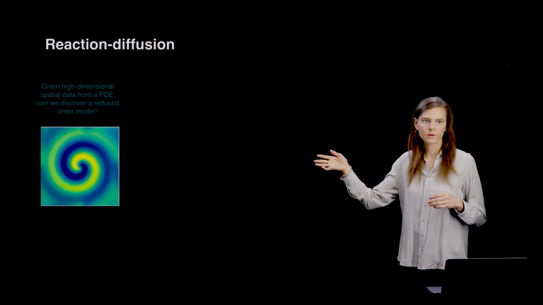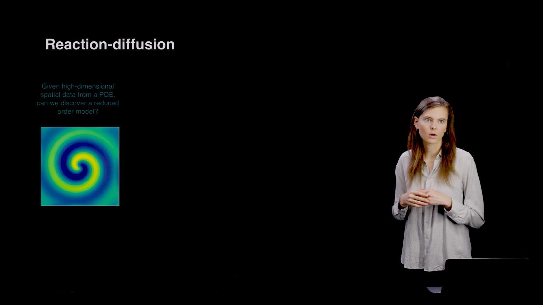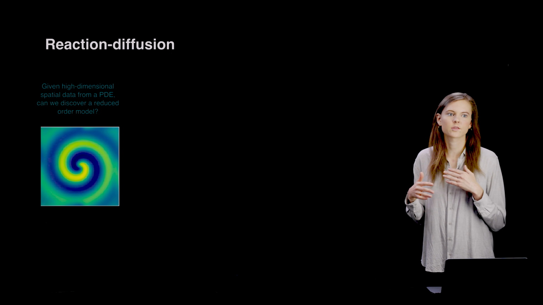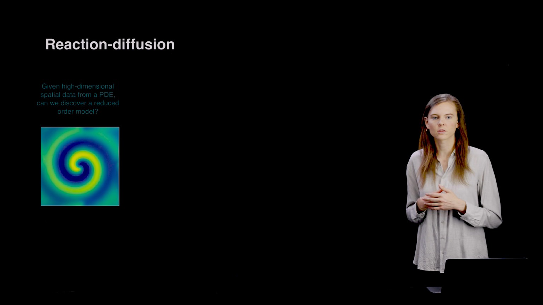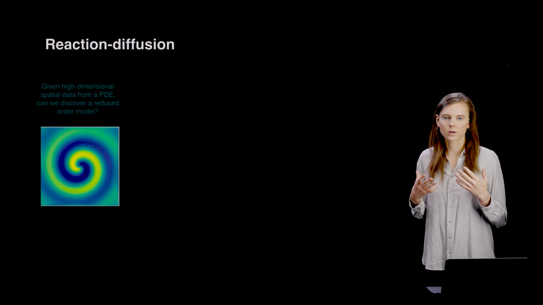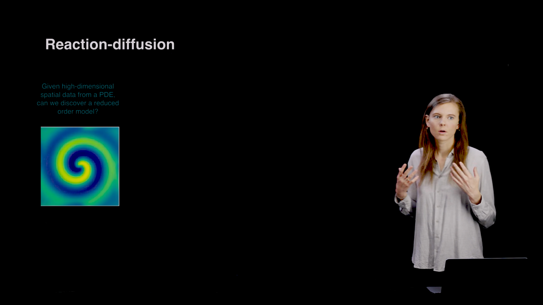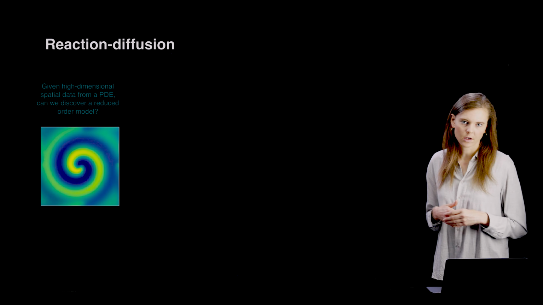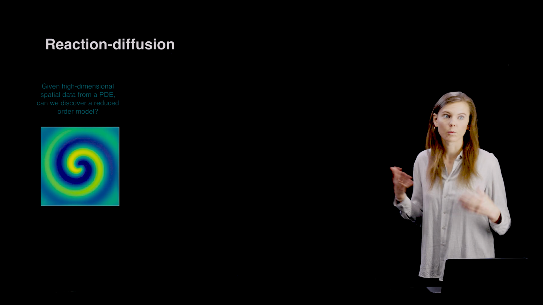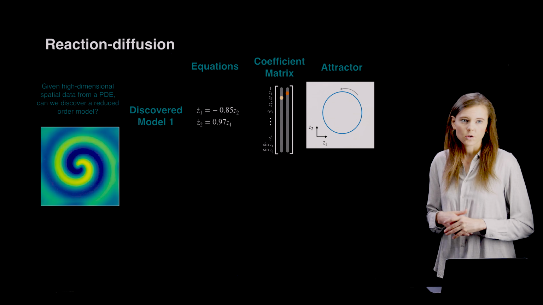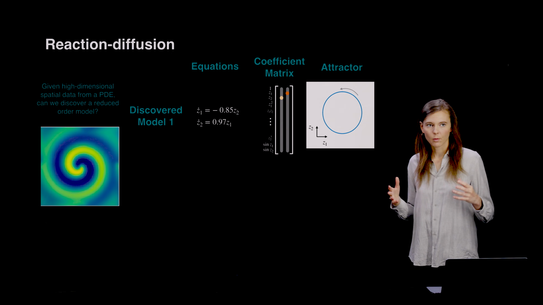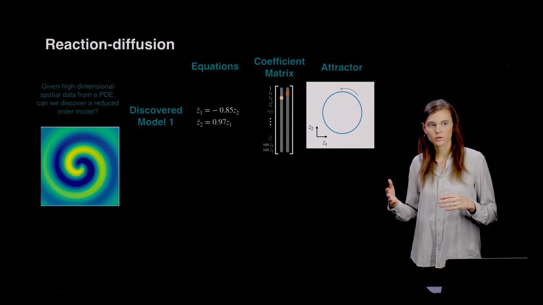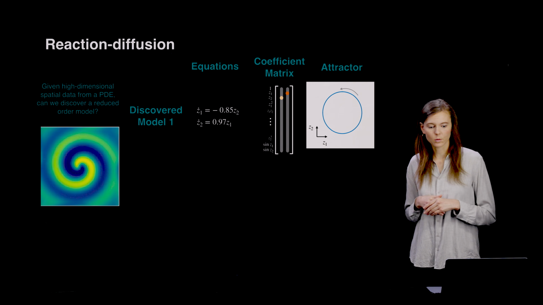The activity in this video can be well captured by just a set of two oscillating modes. So we wanted to see, could the autoencoder discover a simple oscillating model for this data, or what would it discover? We trained the network to discover a reduced model with two intrinsic coordinates.